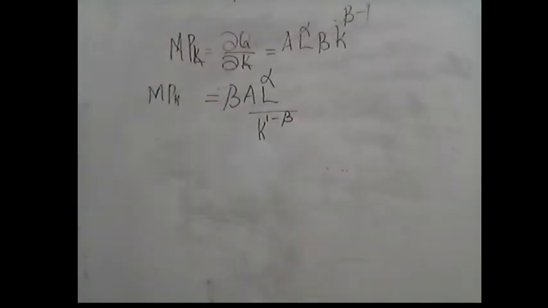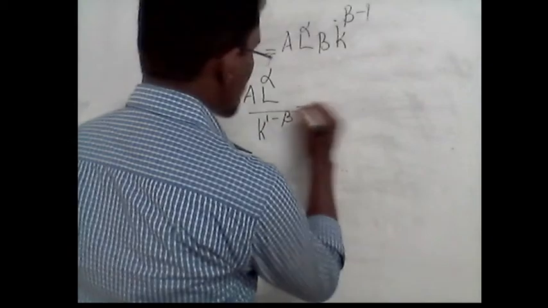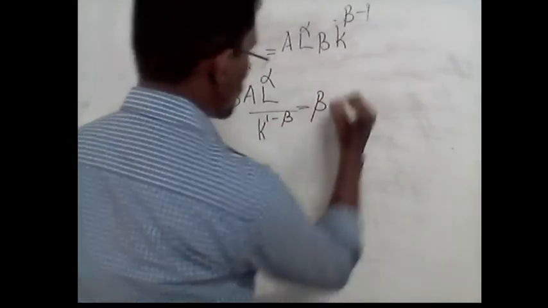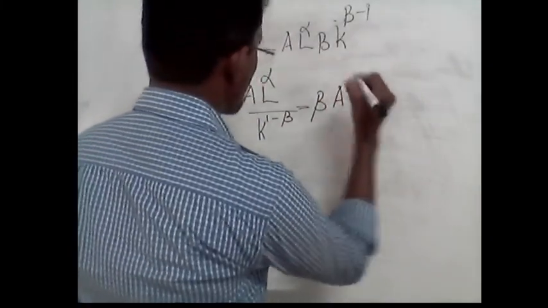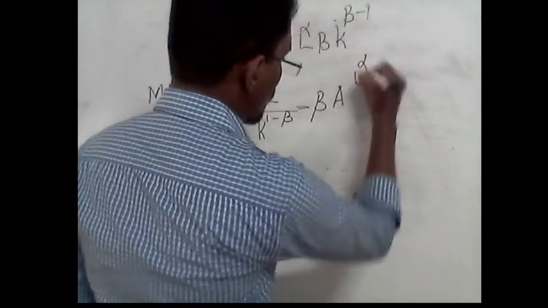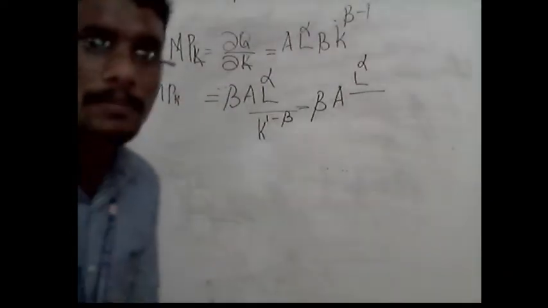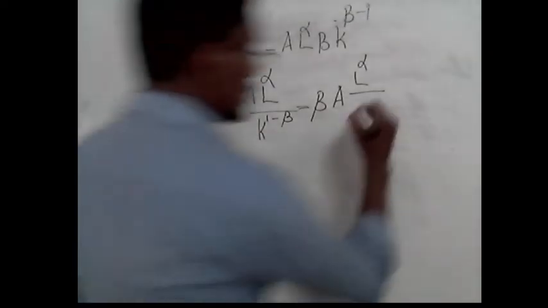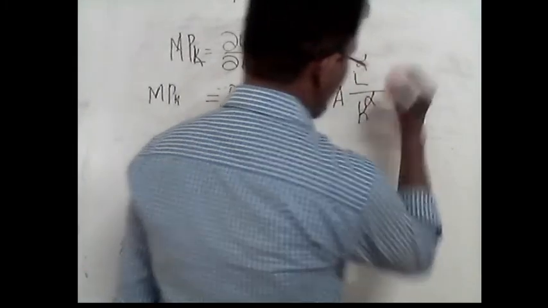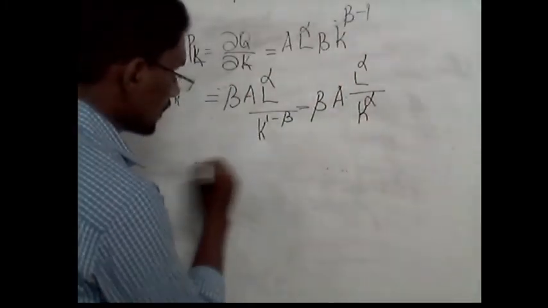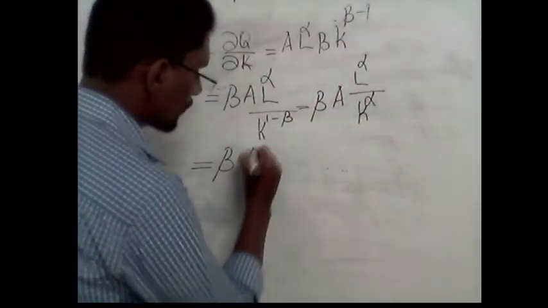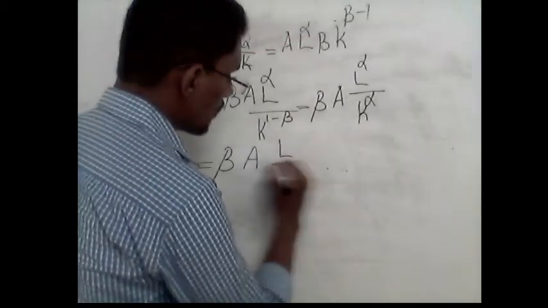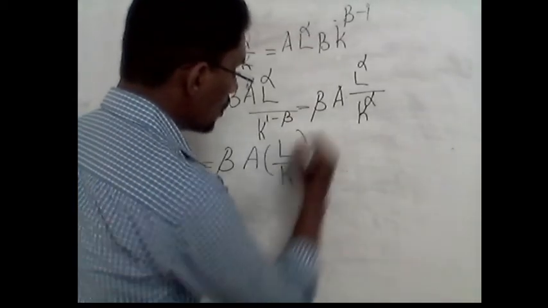This is beta times A L raised to alpha divided by K raised to 1 minus beta. 1 minus beta is alpha, thereby this is equal to K raised to alpha, which is beta A L by K, the whole raised to alpha.